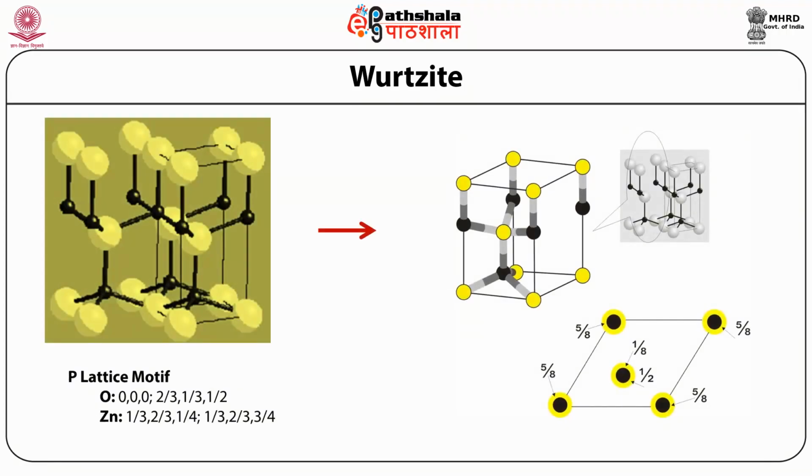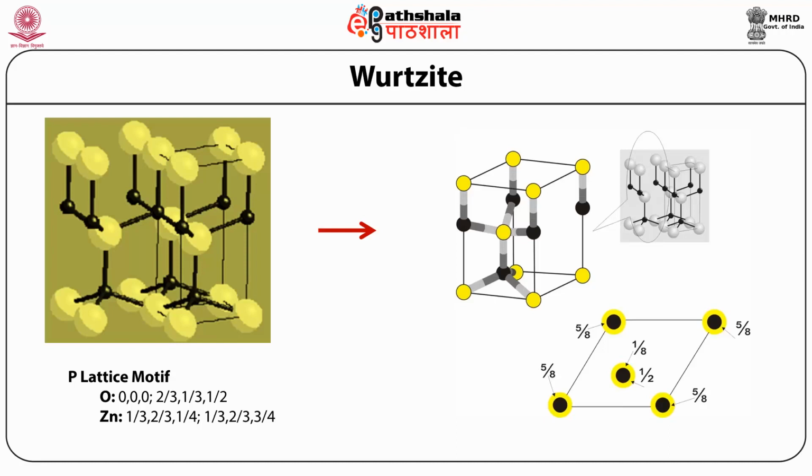Now let us analyze how this wurtzite structure looks. You can see in this figure that all tetrahedra point in one direction, that is along the C-axis of the unit cell, and they share the corners. Here the lattice type is primitive and HCP.